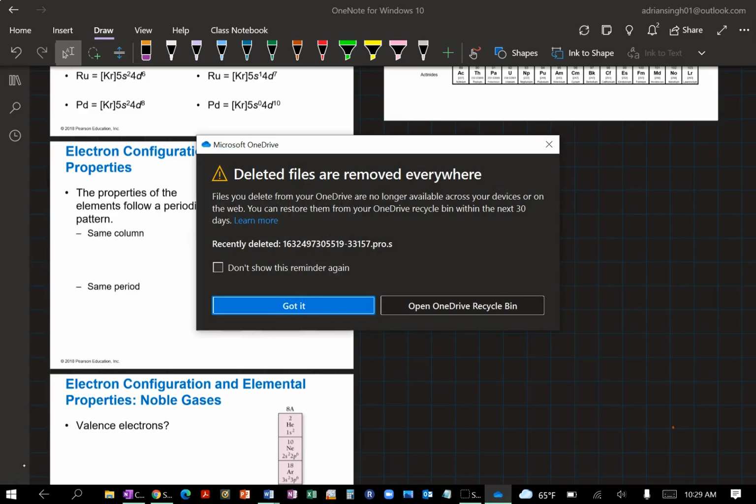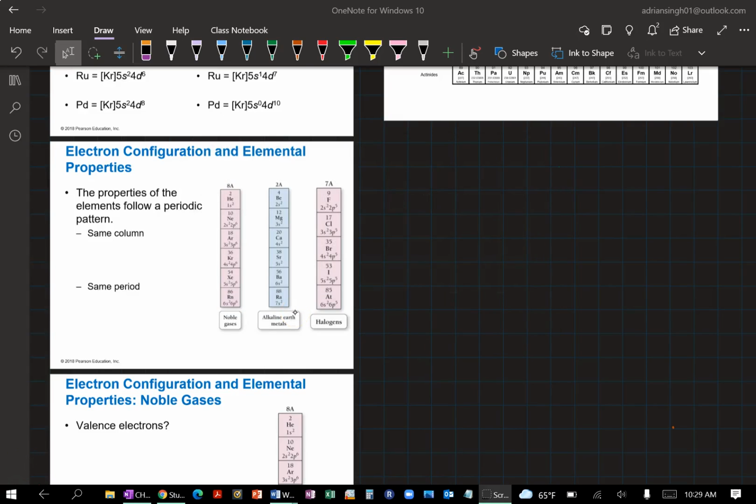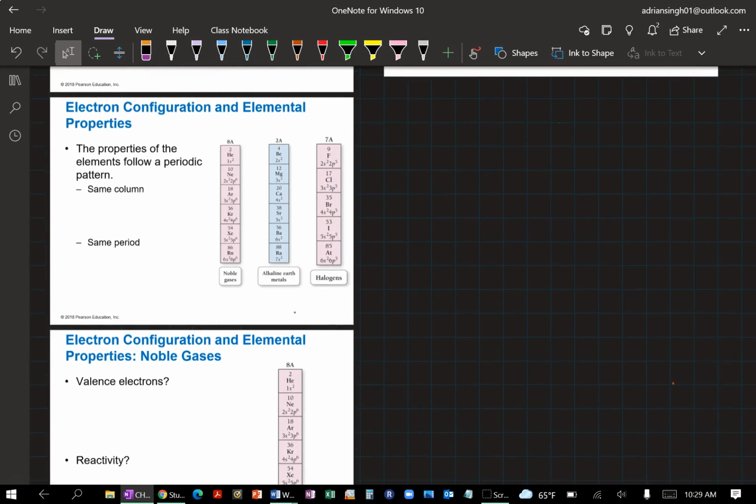All right, so in this video, we are going to jump into some of the trends in the periodic table. And the first one that we're going to take a look at has to do with the electrons, specifically the valence electrons. And we're going to focus on the main group or the representative elements.